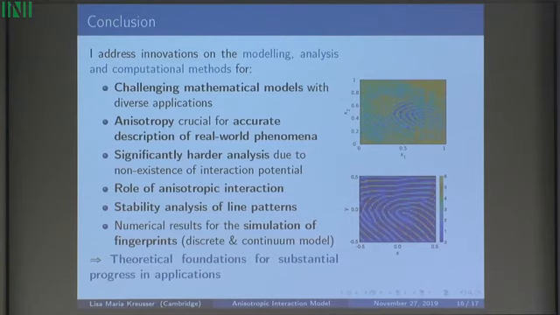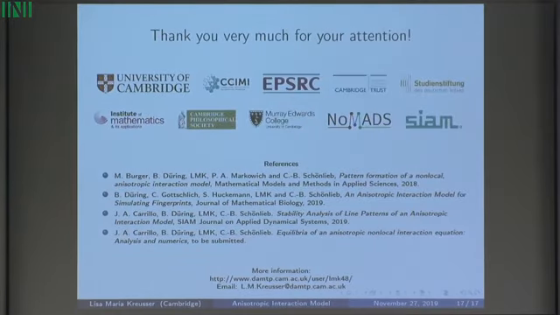In terms of the analysis, we needed to come up with new methods since we were no longer able to use energy minimization. I talked a bit about the role of anisotropy by considering both those string, ellipse, and line patterns. And we also performed a stability analysis and numerical simulations with the aim of getting a better understanding of pattern formation in nature. Thank you very much for your attention.